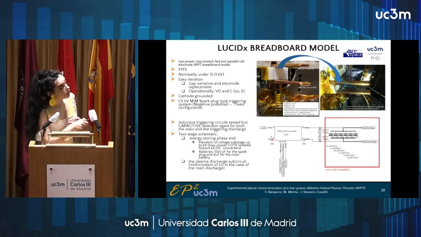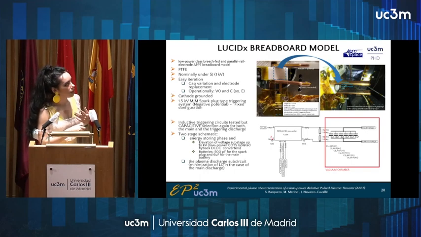We are working with Teflon, and this is the triggering system I mentioned before. With this, we create a plasma seed that is going to trigger the breakdown of the main battery, because we have the energy stored in a previous stage. So going now to the electronics, we tried different configurations for the ignition system, but in this thruster we are using a capacitive one.